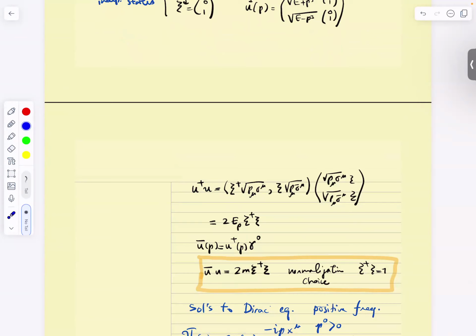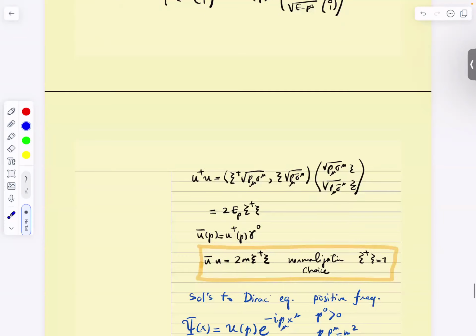A convention that's useful is taking the normalization of u bar u, where u bar is just u dagger gamma naught. Remember that's the way we're constructing these. That was a convenient notation for spinors in the Dirac context. Our normalization choice was zeta dagger zeta is 1. So u bar u is 2m.